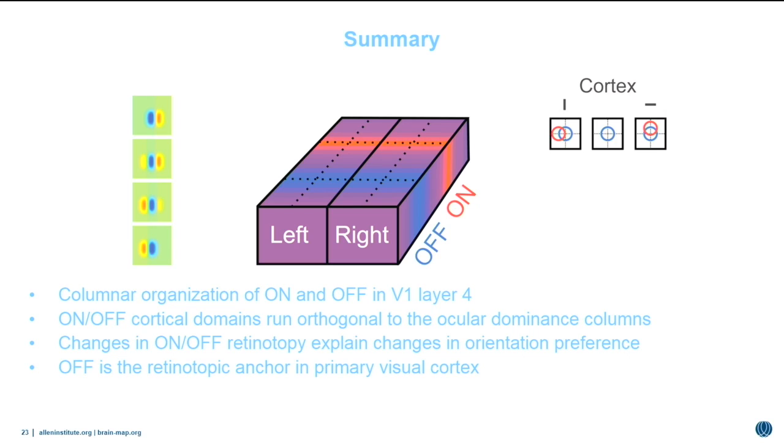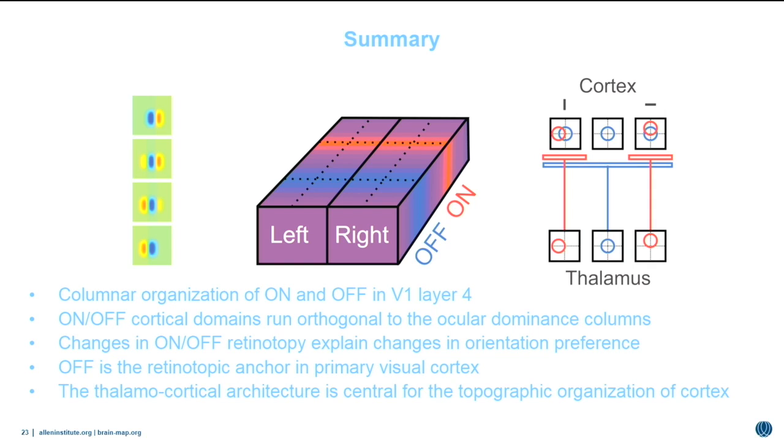It's current research what that means. It could relate to the fact that the off channel has a higher spatial resolution, and it could well be that the cortex uses the off as the anchoring of the retinotopic map because it has a higher spatial resolution. But this is just my best guess right now.